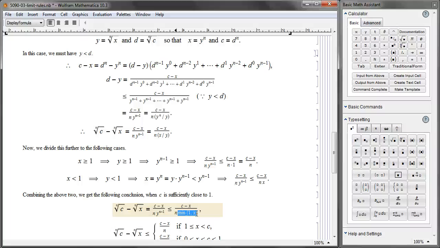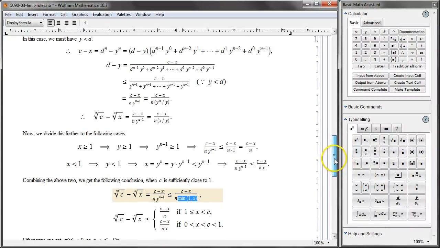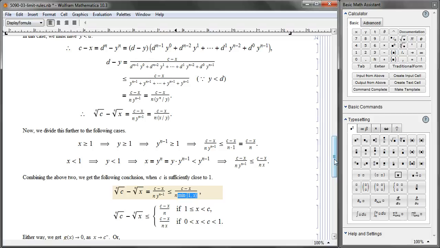When c is less than 1, in the worst case pretty close to 0, then the denominator will be just x. But that's okay, because x will get very, very close to c.